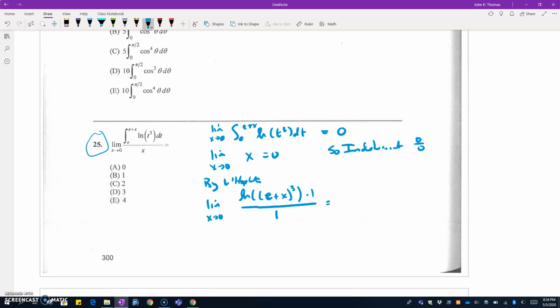So I plug 0 in, and I get ln of e to the third over 1. So ln of e to the third really says e to the what equals e to the third. The answer to that is 3, so I have 3 over 1. So this equals 3. All right, so the correct answer on this one is 3.